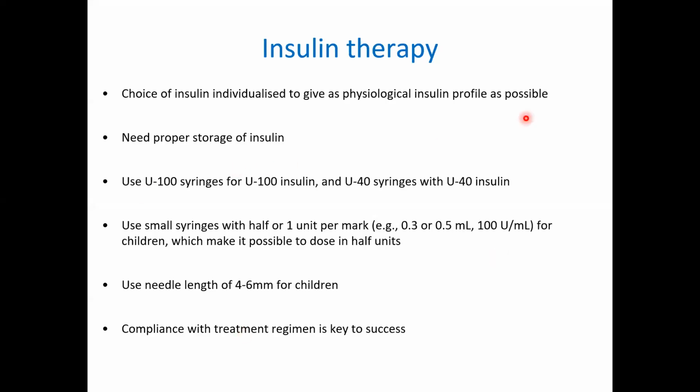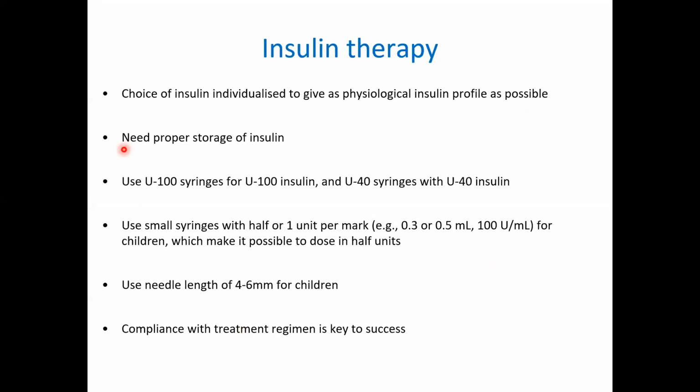Okay, so in terms of choice of insulin, this as much as possible should be individualized to give as physiologic an insulin profile as possible. Insulin therapy was discussed last week, so I will not go into much detail, but basically, remember that every time you take a meal, there's an amount of insulin that's produced in your body.